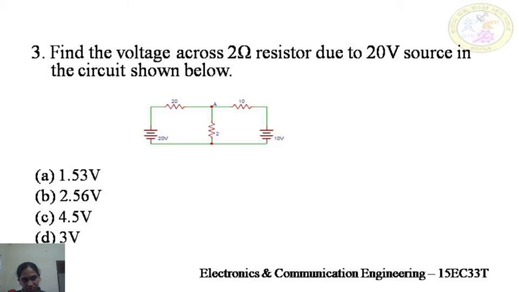Third question. Find the voltage across the 2 ohm resistor due to the 20 volt source in the circuit shown below. Option A 1.53 volt, option B 2.56 volt, option C 4.5 volt and option D 3 volt.